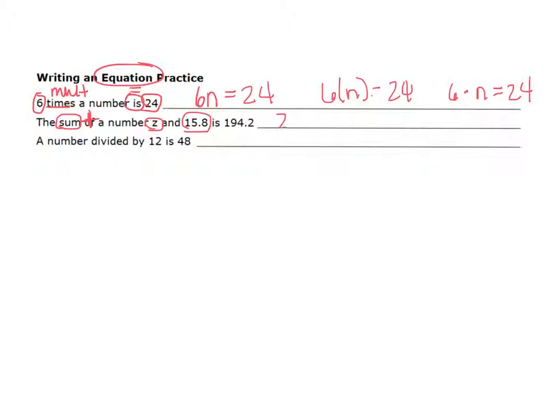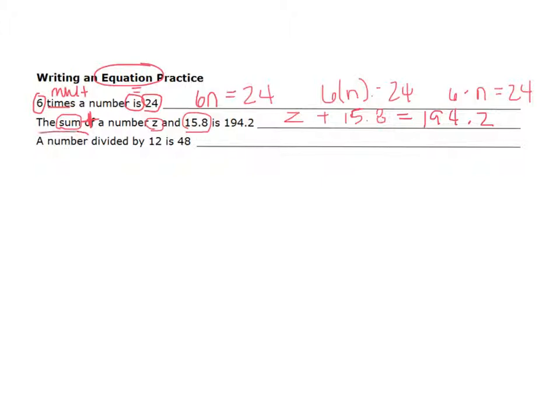So I have Z. Let's see if we can make that a better Z. I have Z plus 15.8, or 15 and 8 tenths, is equal to 194 and 2 tenths. So really what we're practicing here is just writing the equations.